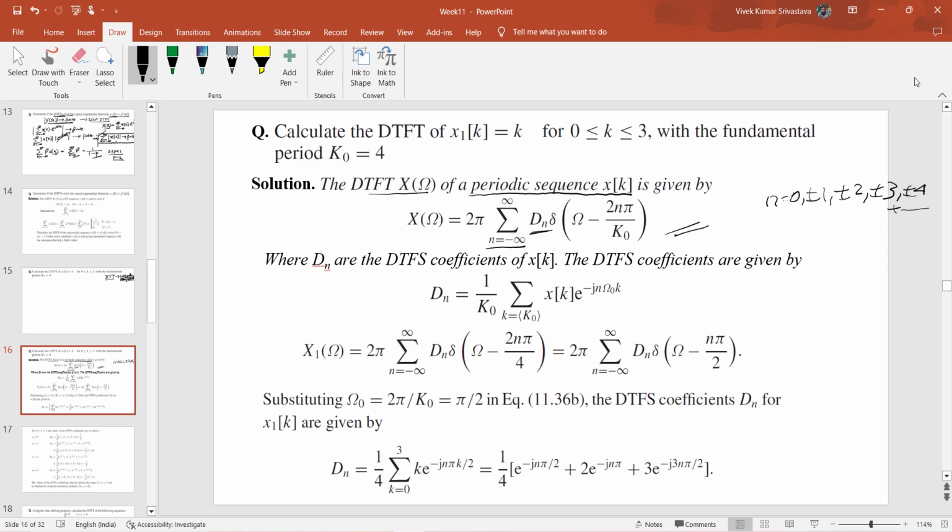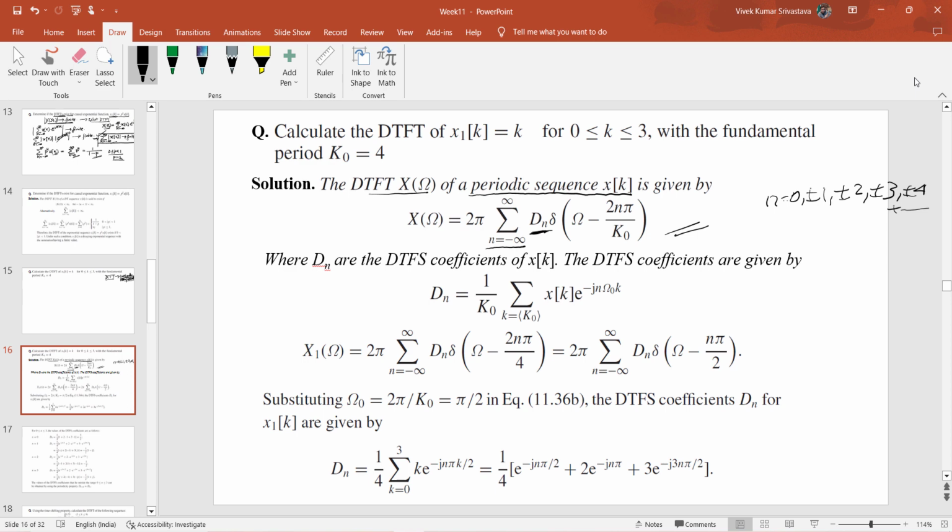So for all values of n you have to first determine the value of dn, and then put the value of dn in this expression so as to obtain the discrete time Fourier transform.